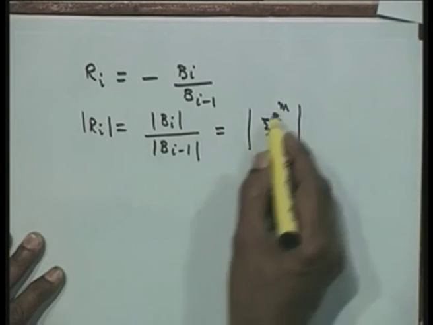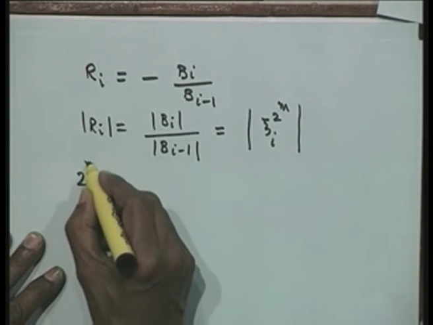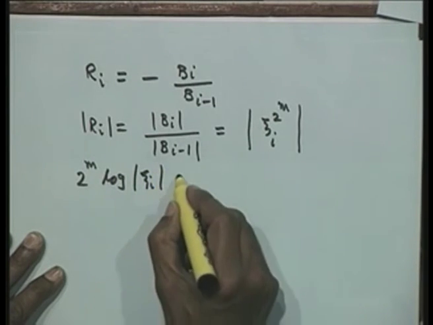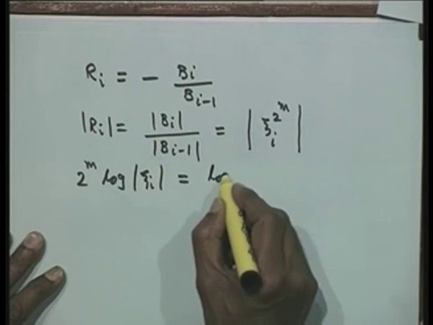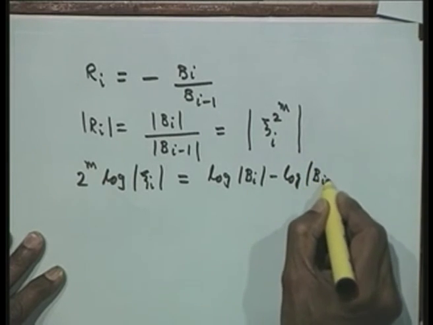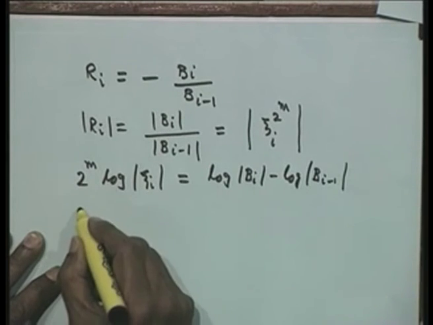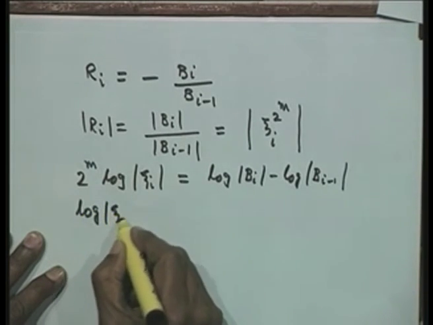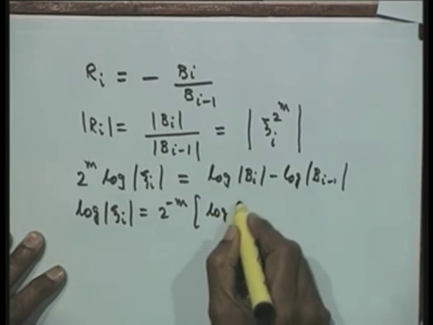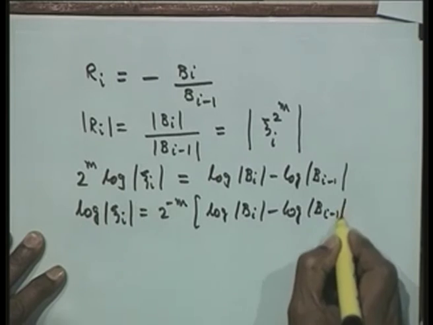I write 2 to the power of m outside the logarithm, so I have 2 to the power of m log of magnitude of xi i, and the logarithm of the right side is log of magnitude of bi minus log of magnitude of bi minus 1. Alternatively, the logarithm of magnitude of xi i is 2 to the power of minus m times the logarithm of magnitude of bi minus the logarithm of magnitude of bi minus 1.